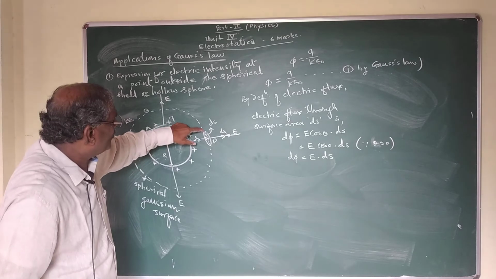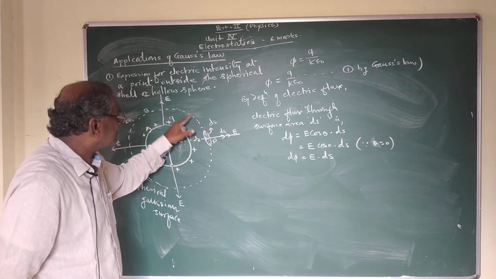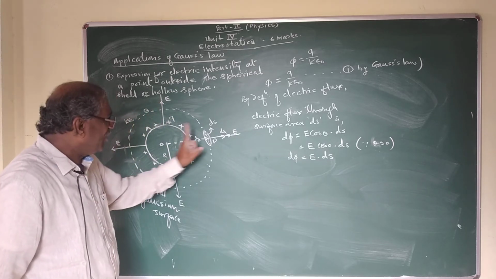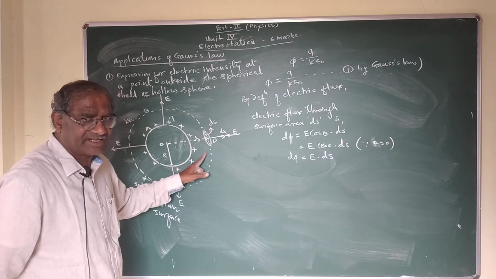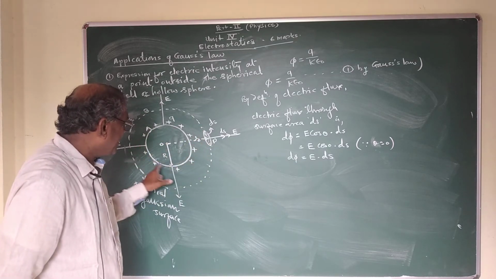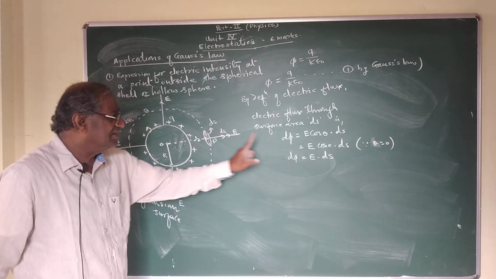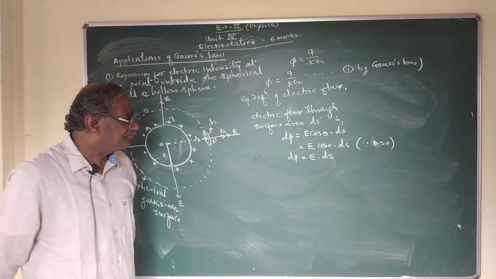But this whole spherical Gaussian surface consists of a large number of such elements, and the charge on the sphere produces this much electric flux on each element.